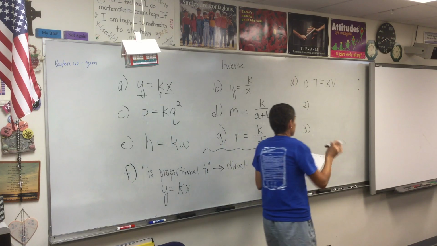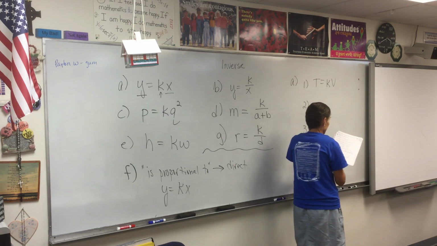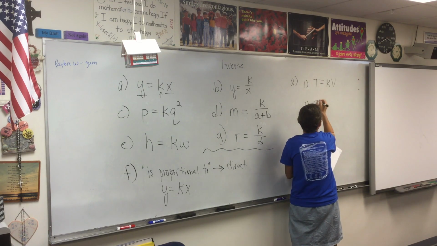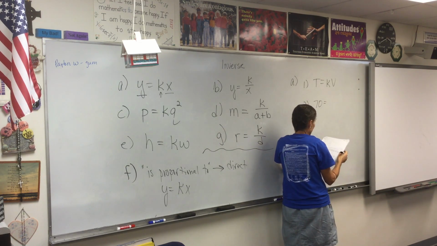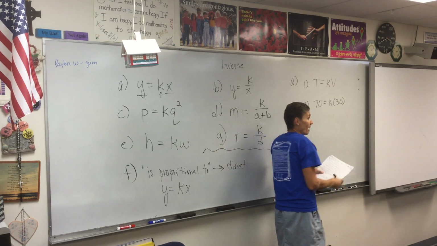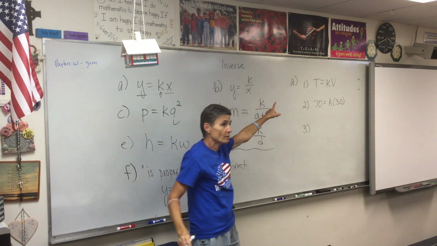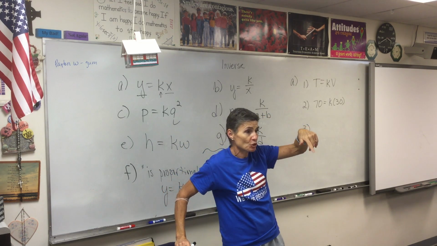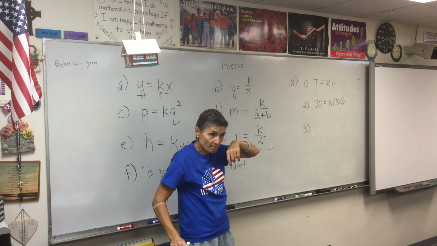Now, step 2 is the second sentence. It says the temperature is 70 and the volume is 30. Do you see what I did? I took the equation that I wrote in step 1 and I plugged in the temperature and the volume that they gave me.